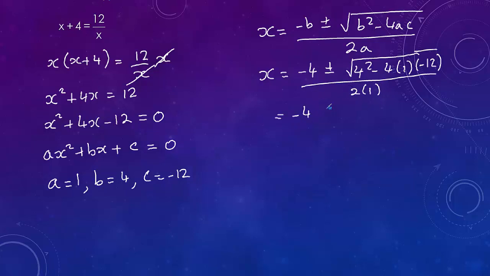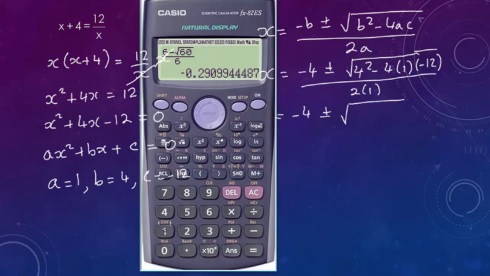So negative 4 plus or minus the square root of, so 4 squared is 16, take away 4 multiplied by 1 multiplied by negative 12. And that gives me 64.